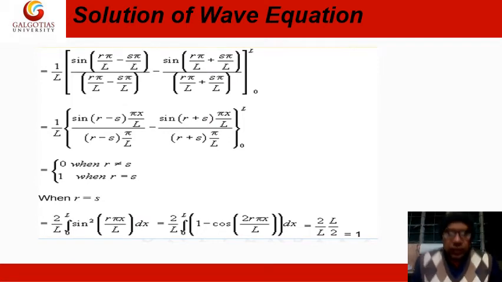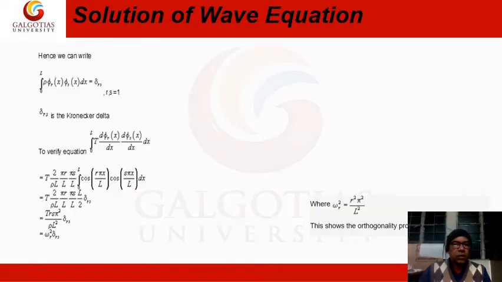So the solution will be in this form, where if r is not equal to s, then it will be 0, and if r equals s, then the solution will be 1. Putting r equal to n in this equation, we get the solution as 1.